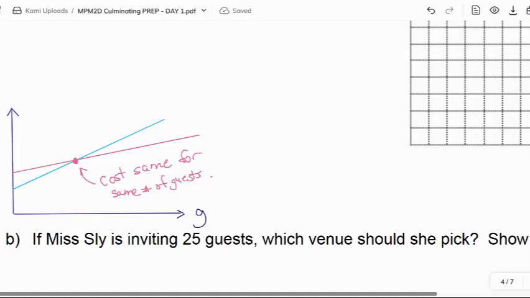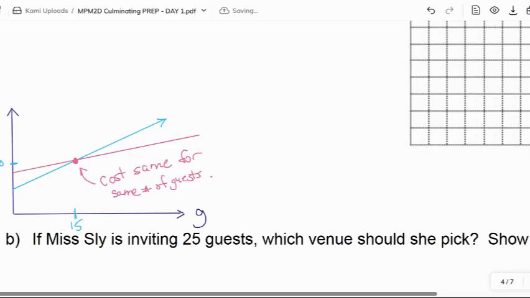So here's the question, folks. Let's say this number of guests is 15, and let's say it's like $200, right? So both venues, I'm just making this up, cost $200 when you invite 15 people. Now here's the question. If you invite less than 15 people, which color, the blue or the pink, is the better option?